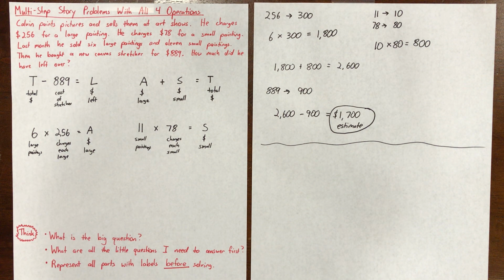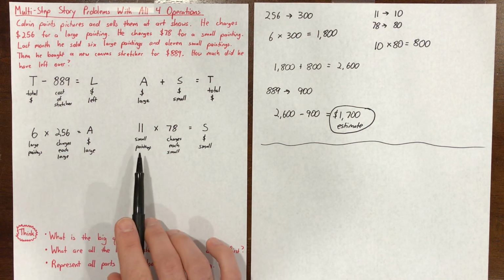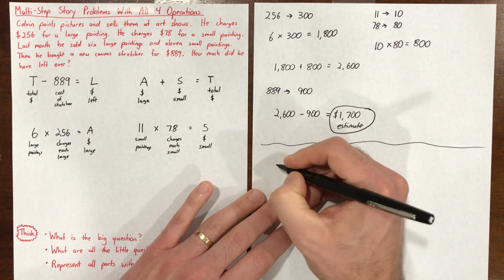What do we need to do? Say it out loud. Right. We need to multiply 6 times 256 and 11 times 78. And we can use our area model to help us find the partial products, right, and add those together to find the total product for each multiplication number sentence.